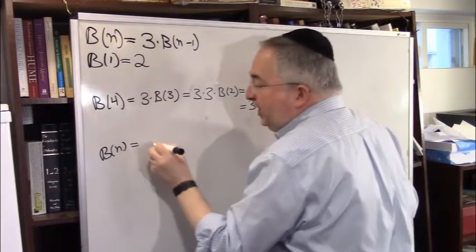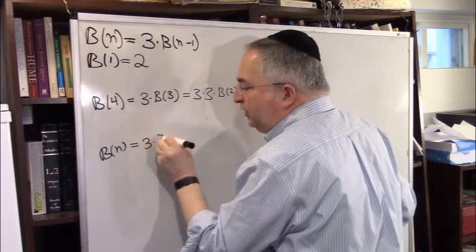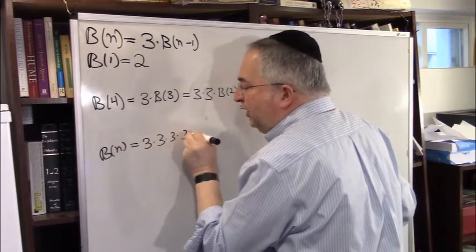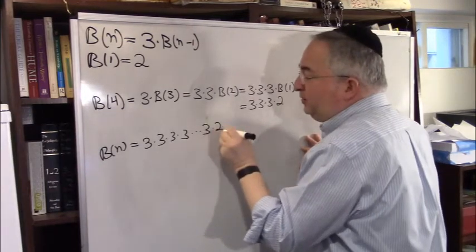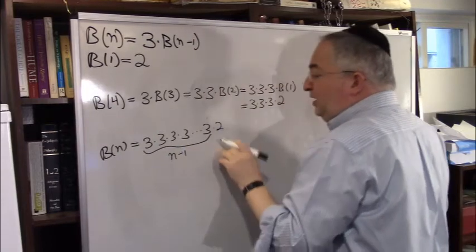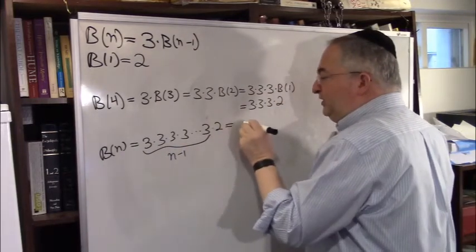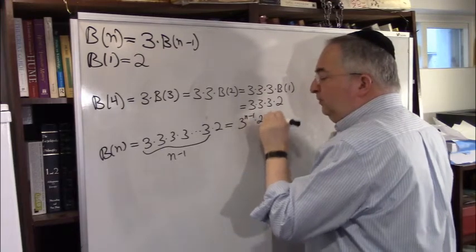The answer is n minus 1. And each time you're going to multiply by 3. So you're going to get 3 times 3 times 3 times 3 times 3, and then the last thing you're going to do is multiply by 2. How many of these guys do you have? N minus 1. So a neater way of writing this is 3 to the n minus 1 times 2.